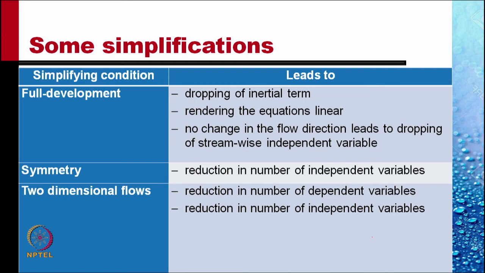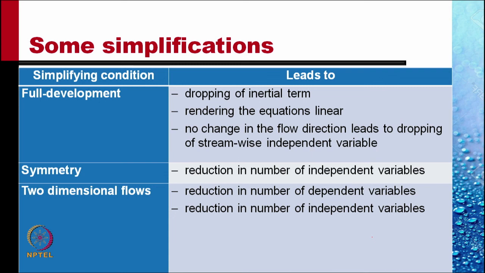So if there is no inertial term, there is no nonlinear term. That renders the equation linear. There's a big advantage. Linear equations are a lot easier to solve than non-linear equations.